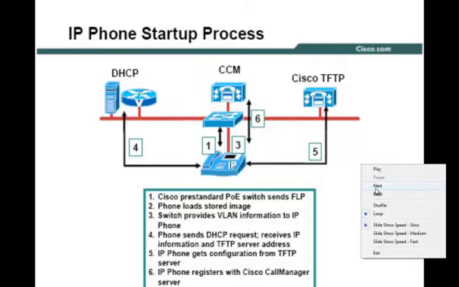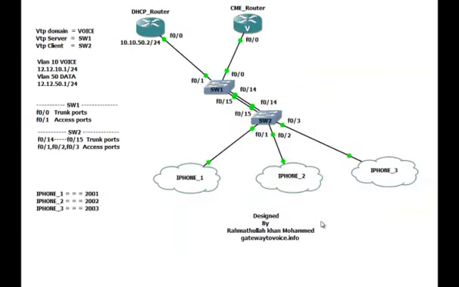Now look at our network design. Based on the previous IP phone startup process information, I have defined my lab, wherein I am using two routers. One acts as the CME router and one acts as the DHCP router. The same CME router acts as the TFTP server as well.